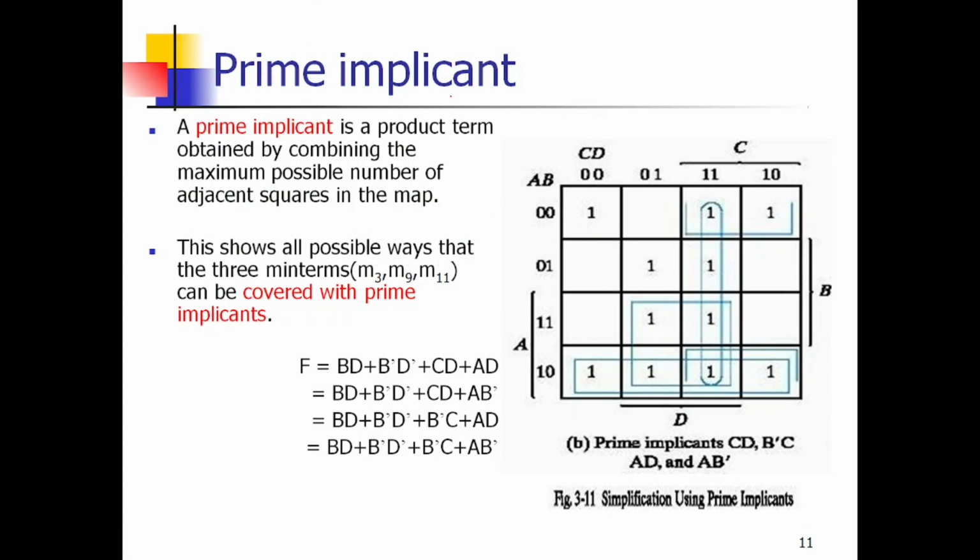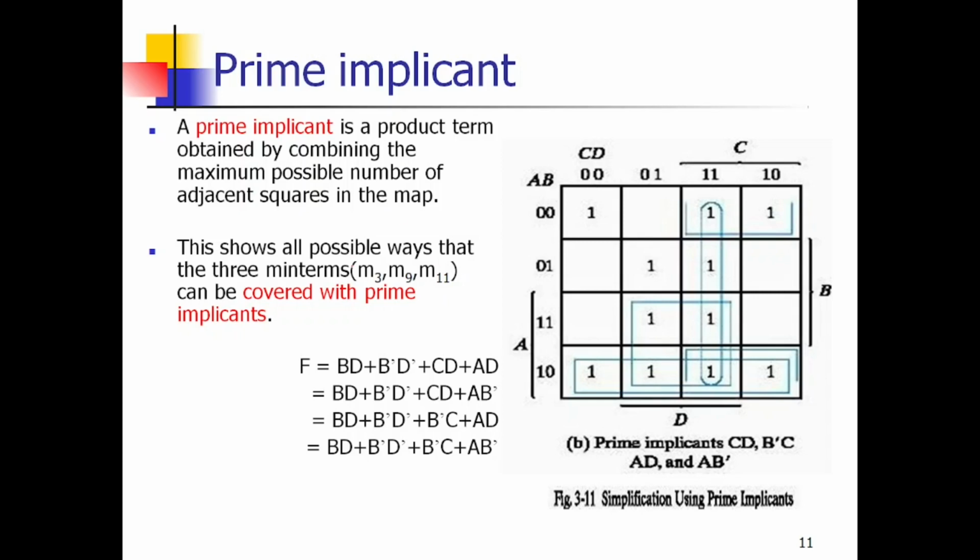Then prime implicant. Prime implicant is a product term that is obtained by combining the maximum possible number of adjacent squares in the map. So here is an example. The product terms which combine the maximum possibilities of mapping are said to be prime implicants.